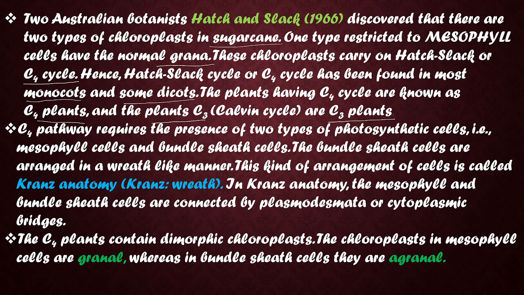Most of the monocots are C4 plants, and some of the dicots may contain the C4 cycle. Two types of chloroplast are present in sugarcane, restricted to the mesophyll cell and the bundle sheath cell.